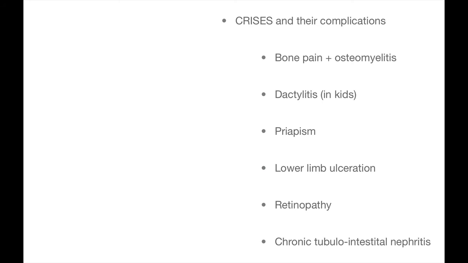Common problems following crises are bone pain, osteomyelitis, particularly with the organism Salmonella, dactylitis, so that's problems with the fingers, which is very common in kids, priapism, lower limb ulceration, changes in the eyes such as retinopathy, and kidney problems such as tubulointerstitial nephritis.